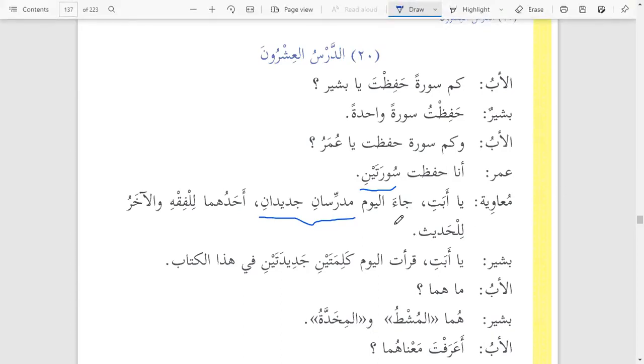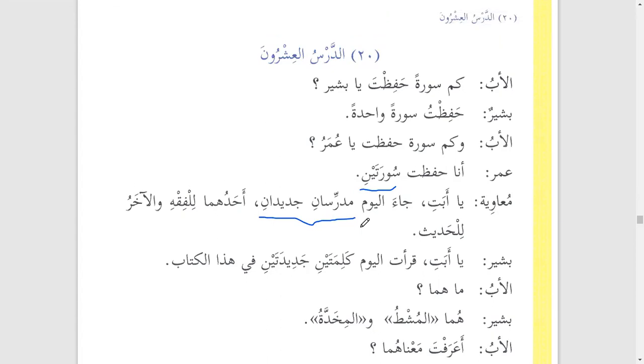Mu'awiya: ya abati, ja'a al-yawma mudarrisani jadidani. 2 new teachers came today. So why do we have mudarrisani jadidani? It can be mudarrisani, and this is jadidani. This is fa'il for ja'a.